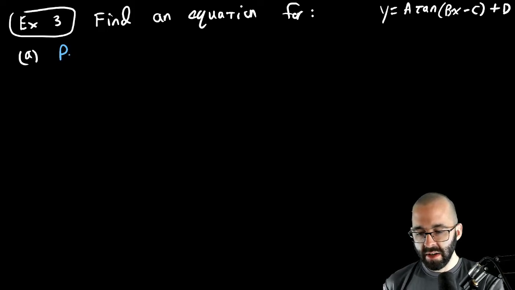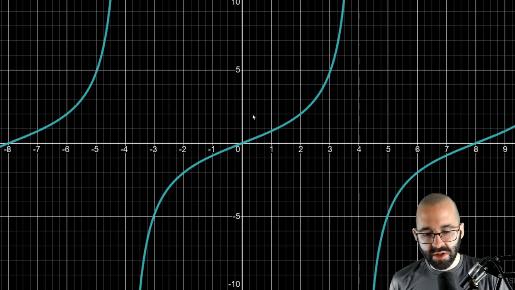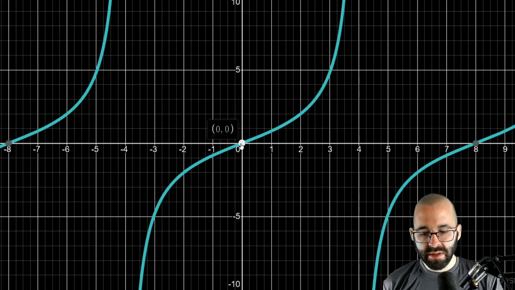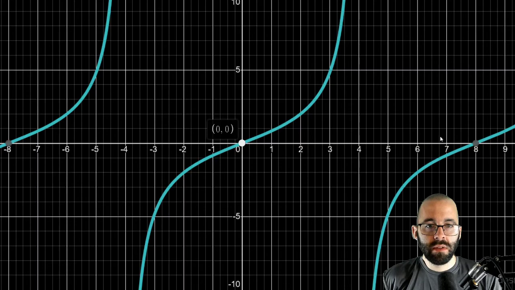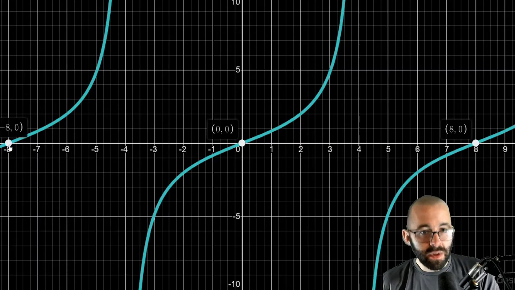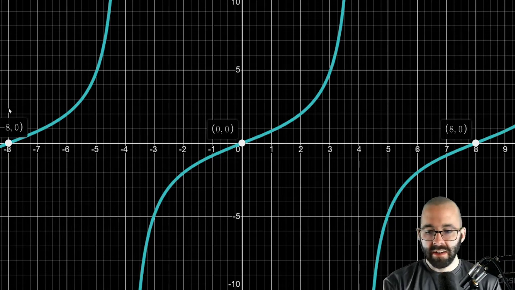How long does it take this function to repeat? Well, the middle looks to be about 0, 0. And then it repeats every 8 units. So the period is 8.